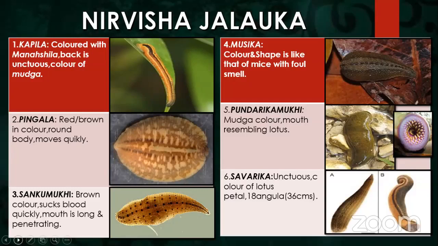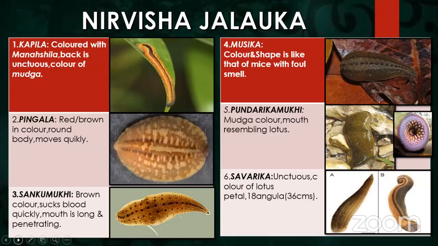Pundarikamuki possesses the color of mudga, same like our green gram. But its mouth resembles the lotus. You can see the pictures beside. The mouth of this particular leech resembles the lotus.